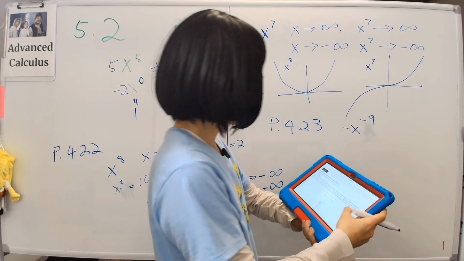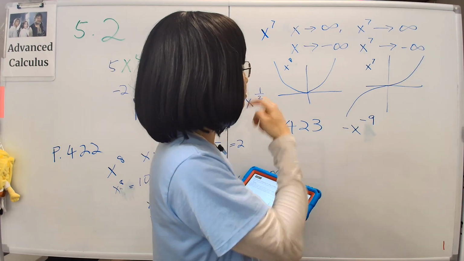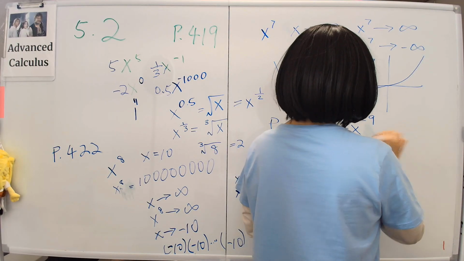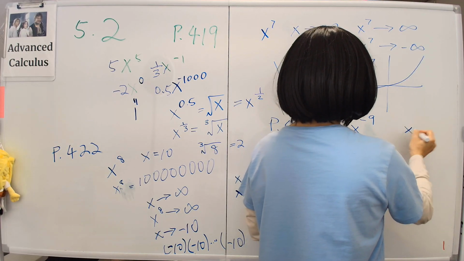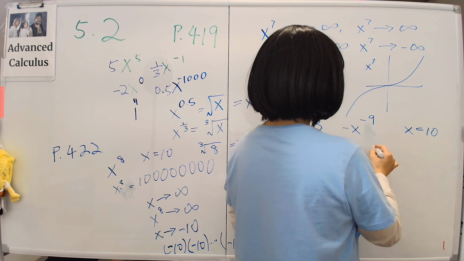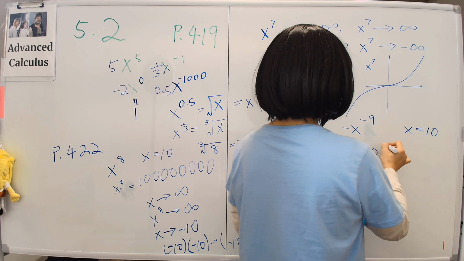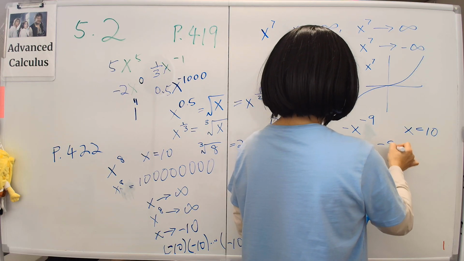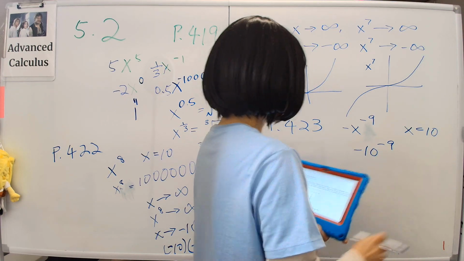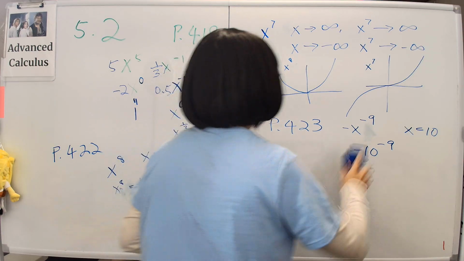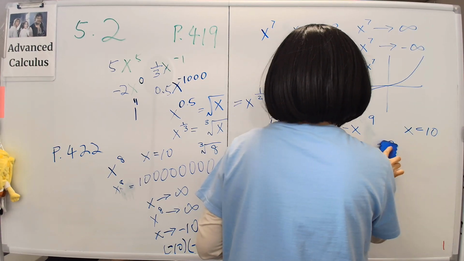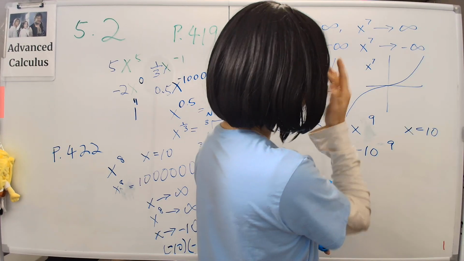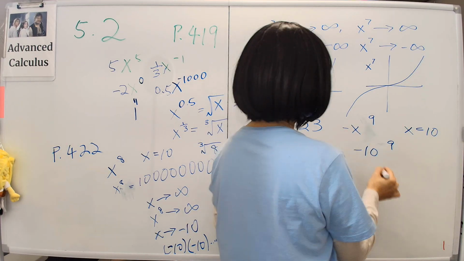Now in that case, you just check some number that's fairly big, such as x equal to 10. If x equal to 10, then we have minus 10 to the power 9.